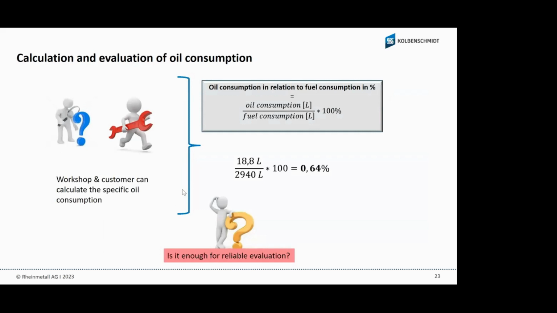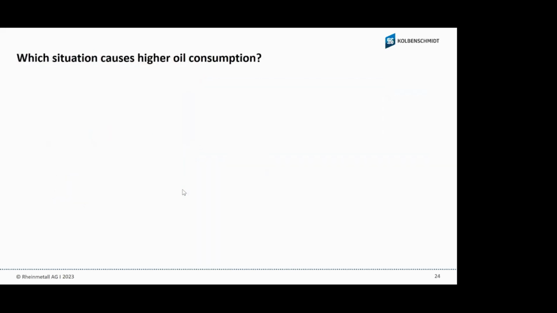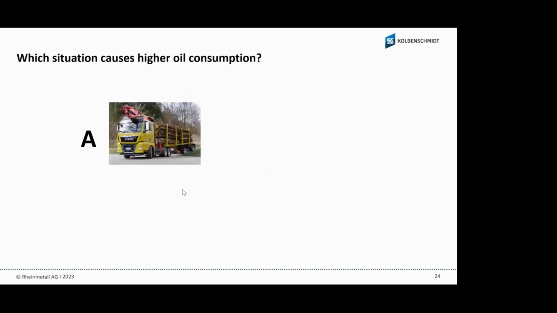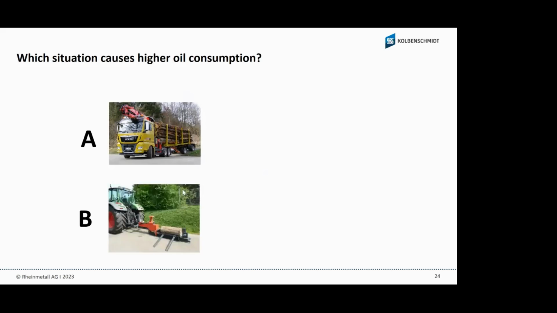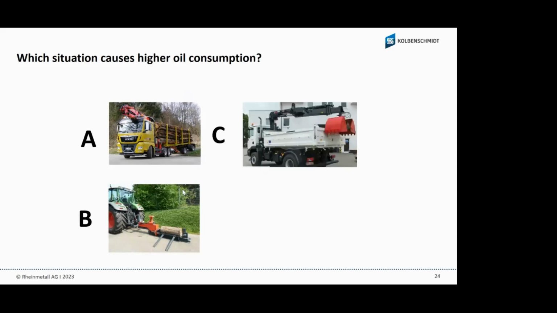This was inside the maximum the manufacturer says, but it's also a lot of oil. Here also, in which situation is there higher oil consumption? A, the truck carrying wood sticks. B, this big tractor, maybe around 150 horsepower, with a wood cutting machine, very slow.